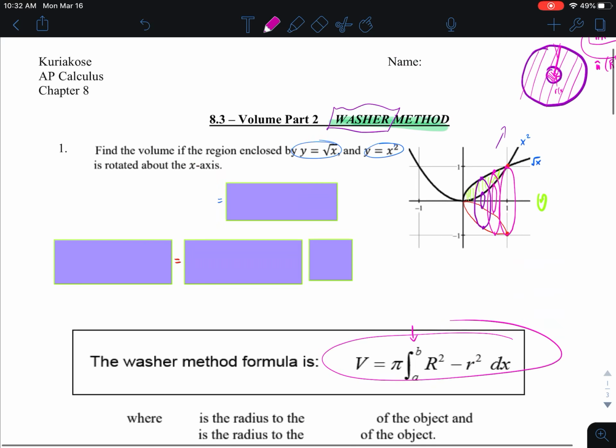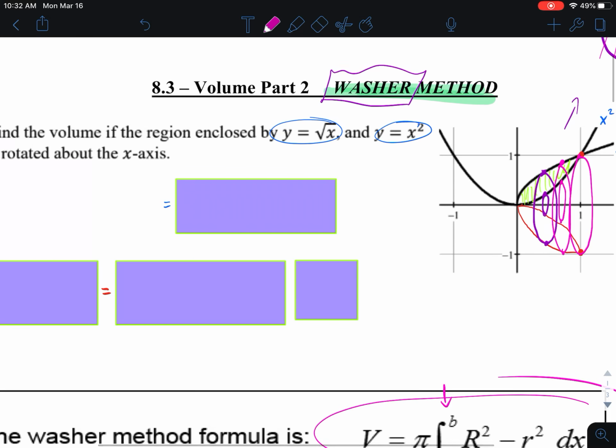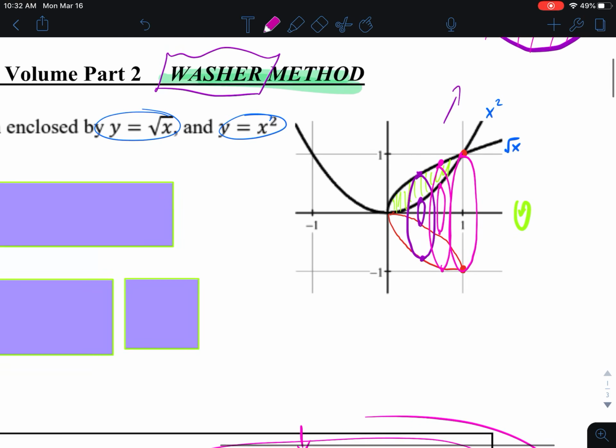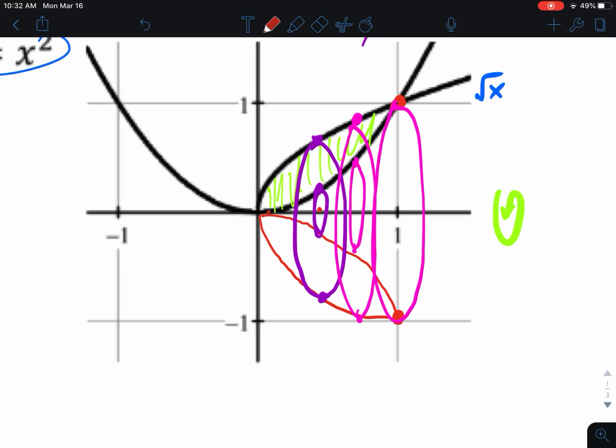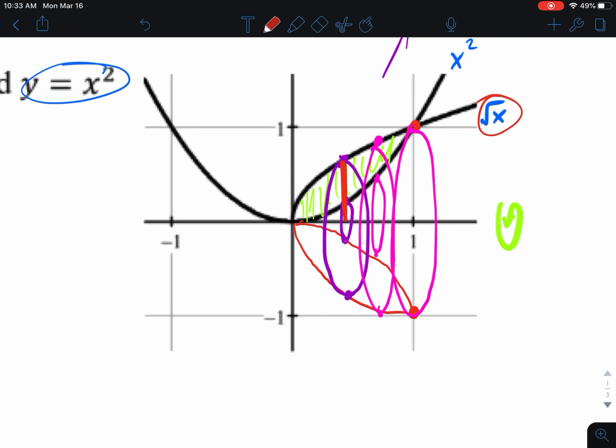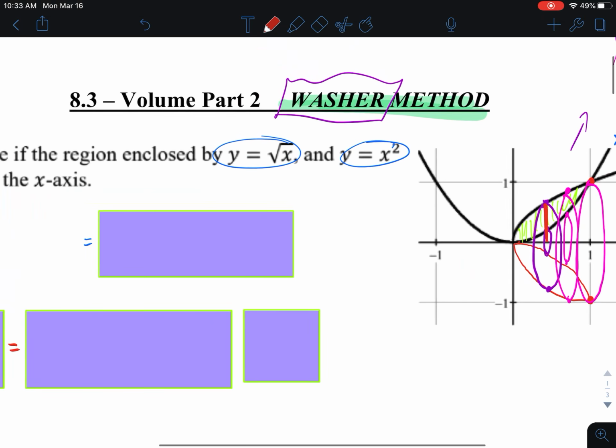Okay, so let's actually put it into practice on this problem. First, you've got to determine what's the big radius, what's the small radius. Well, if I'm looking at this disk right here, big radius would be from here to here. That's radical x. So you might want to start by writing capital R, big radius, is radical x.